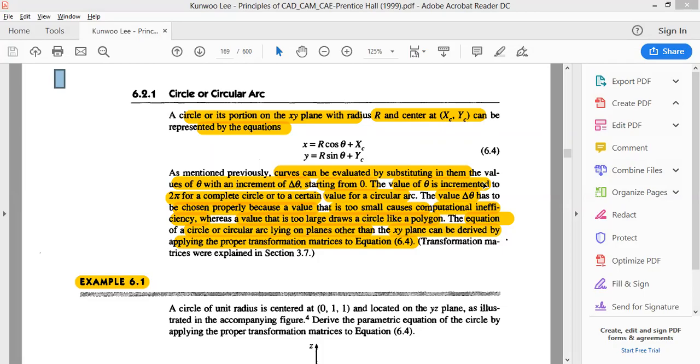Now we can have an incremental value, that is the delta theta. If you take a circle, the maximum it can go for is about 1024 smaller lines that it is made up of. It cannot go beyond that.